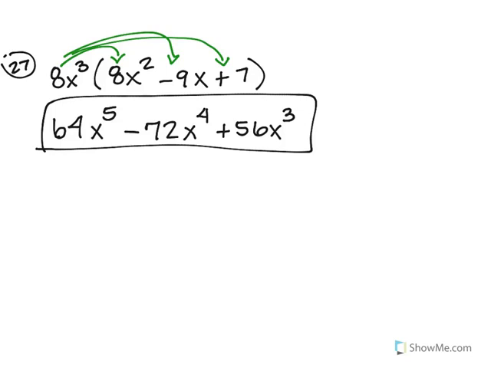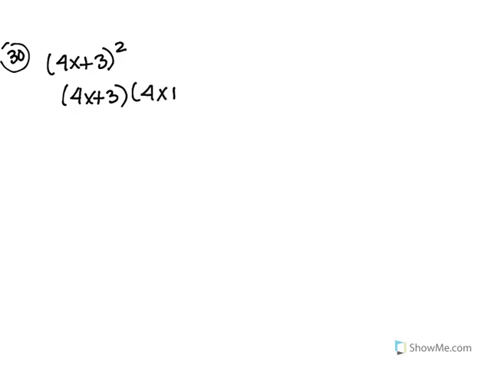And then we got our multiplication of two binomials together. Let's do an example of that. Like on 30, 4x plus 3 squared means that you have the exact same parenthesis twice. And you're going to take 4x and multiply it times the second. And you're going to take 3 and multiply it times what's in the second.